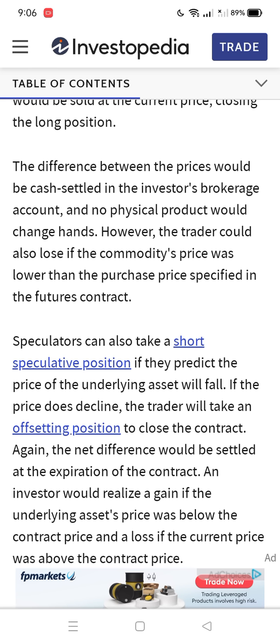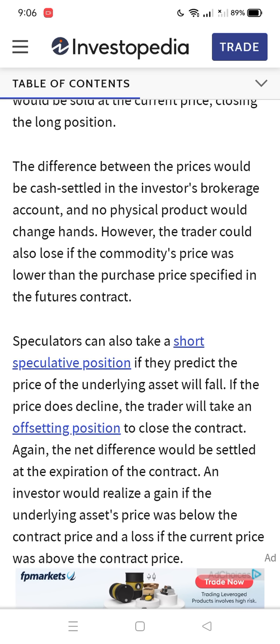However, the trader could also lose if the commodity price was lower than the price specified in the futures contract. Speculators can also take a short speculative position if they predict the price of the underlying asset will fall.